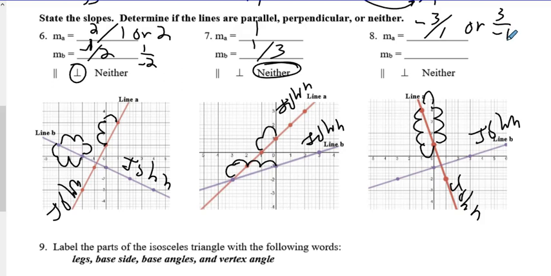Notice they're both negative 3. I can write any of those ways. B: I'm going up 1, that's positive, and then on the bottom, right 1, right 2, right 3, so 1/3. Line B is the same in 7 and 8, the exact same line. Now, 1/3 and negative 3 over 1 are opposite and reciprocal, so perpendicular.